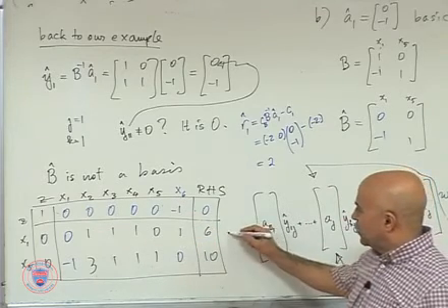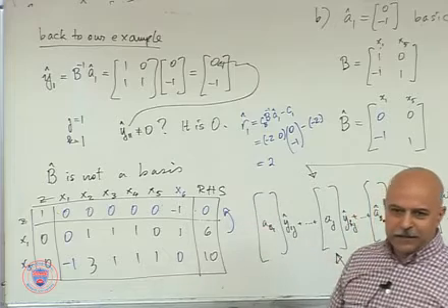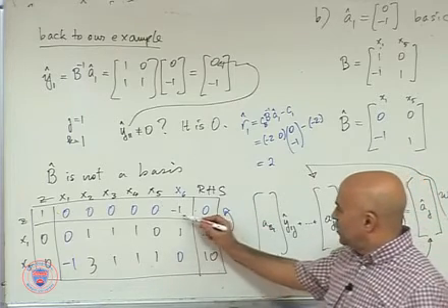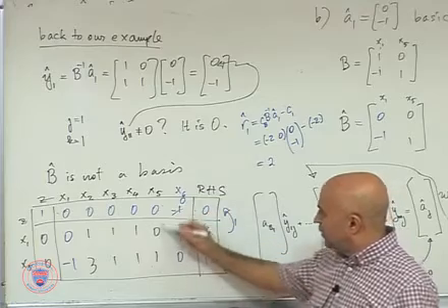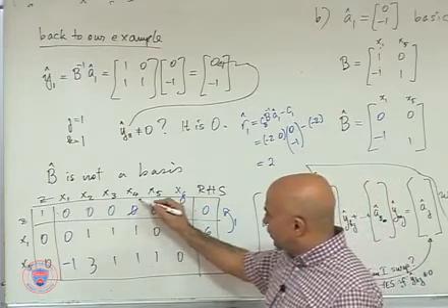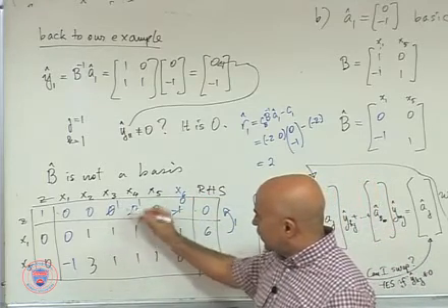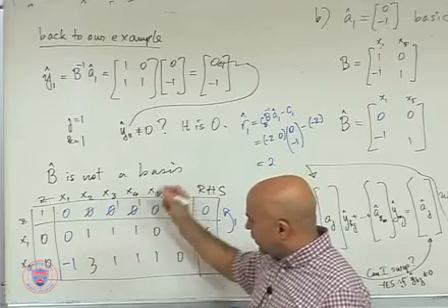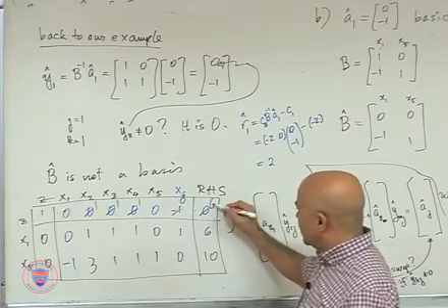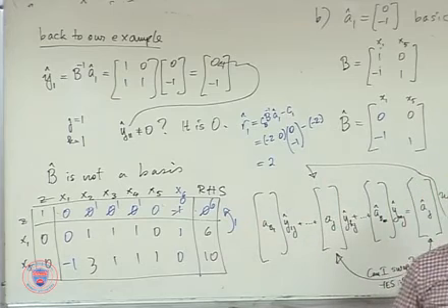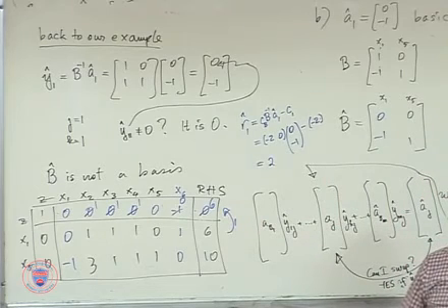And of course, first you need to also get rid of that guy, which means you add 1 times this row. So you get 0 here, 0. This one becomes 1. This one becomes 1. That one becomes 1. This doesn't change. And this one becomes 6. So that's the initial tableau for phase 1.